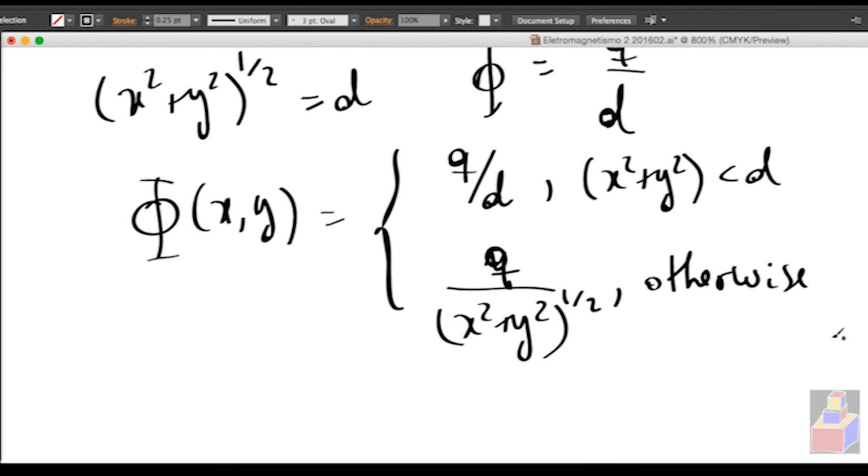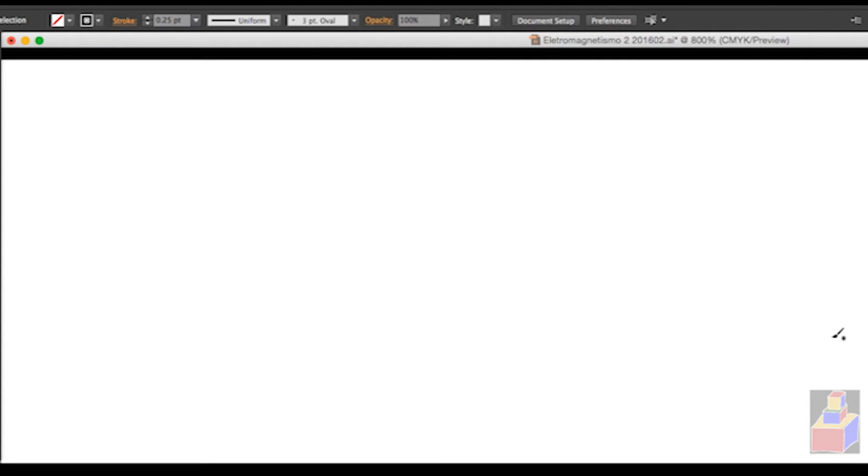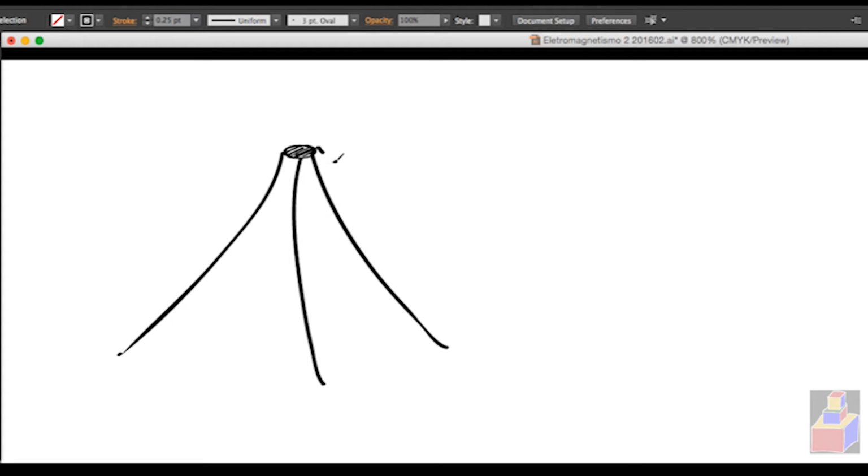Okay? So if we did that, we would have something like this. A region of constant potential below a very small distance. And if we have larger distance, we're going to have the potential function of that charge. Okay.